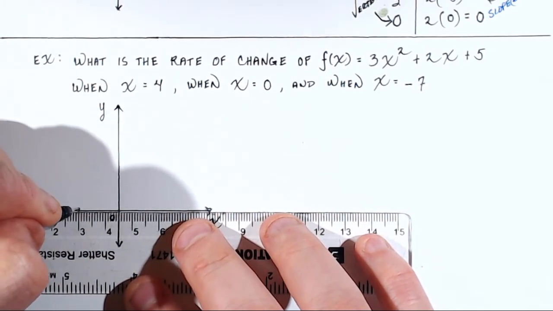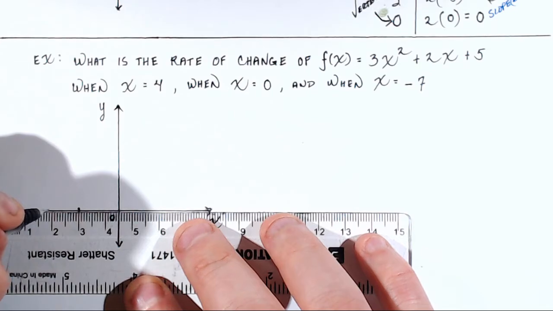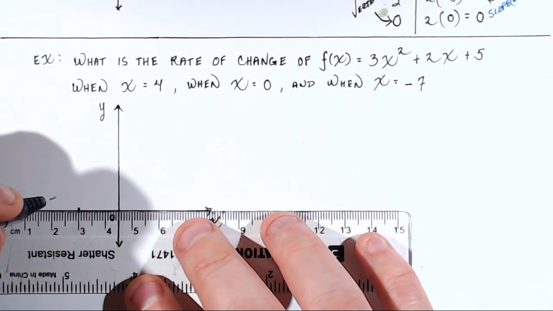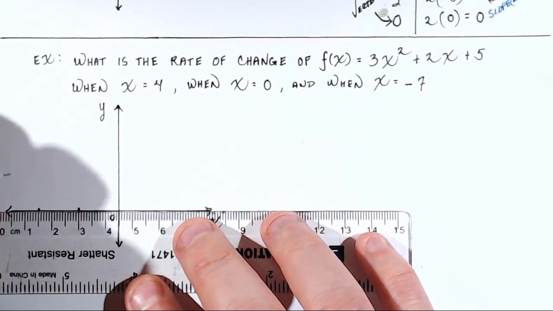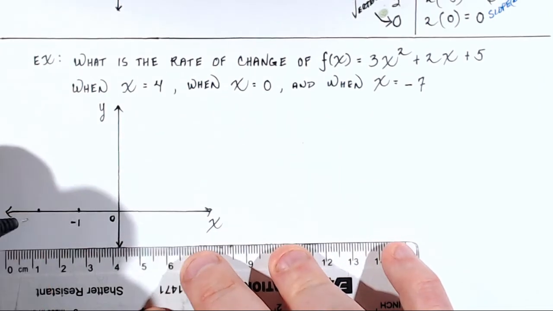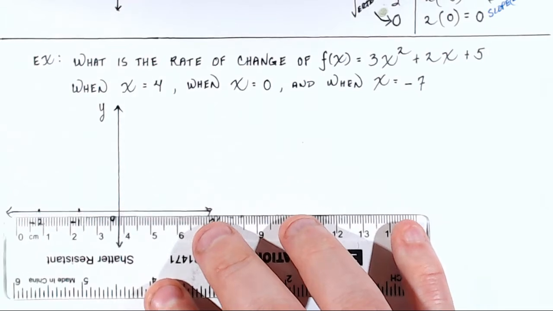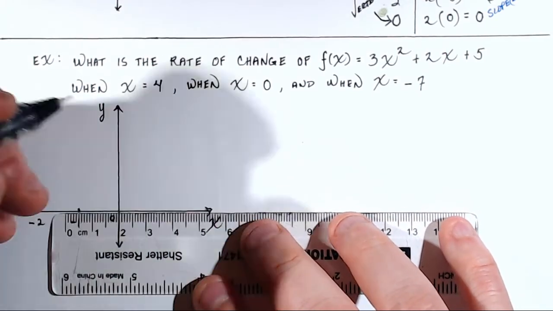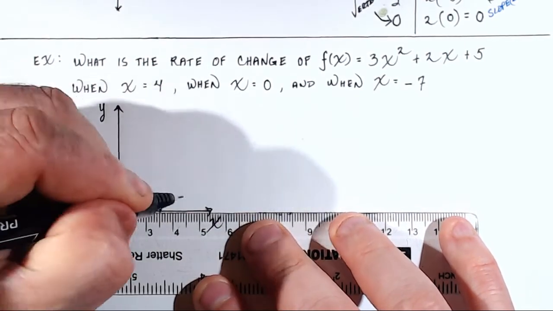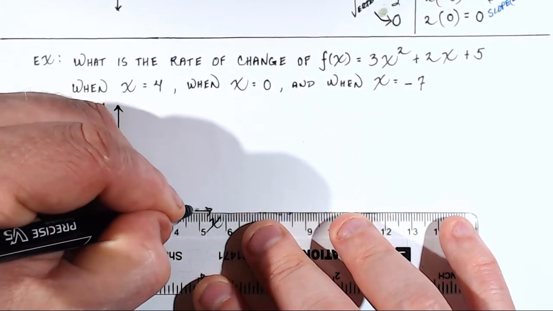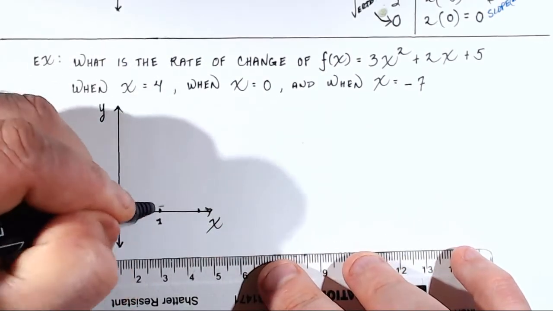So this will be 1, and then this will be 2. So this is -1, -2, and this will be 1 and 2.